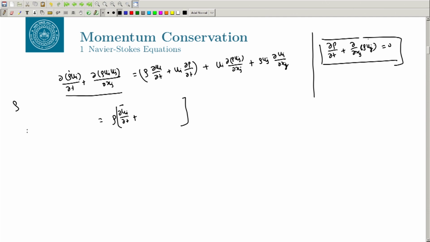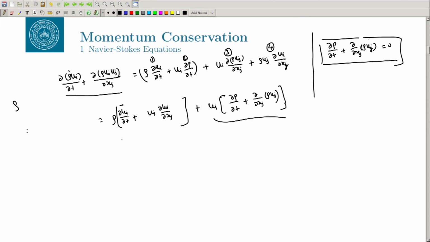So, if you collect the terms, so ρ ∂u_i/∂t and ρ u_j ∂u_i/∂x_j, okay, this is the first term, this is the fourth term, and plus u_i ∂ρ/∂t and plus u_i ∂(ρ u_j)/∂x_j, right. We have, this is the second and third, right. Now, this term identically goes to 0 because of the mass conservation, okay.